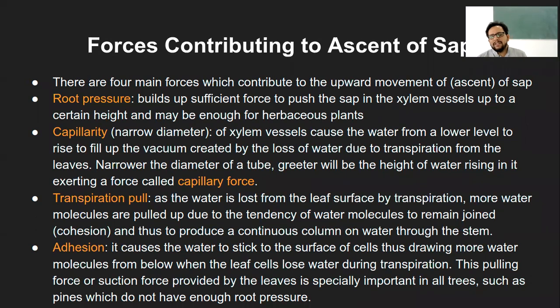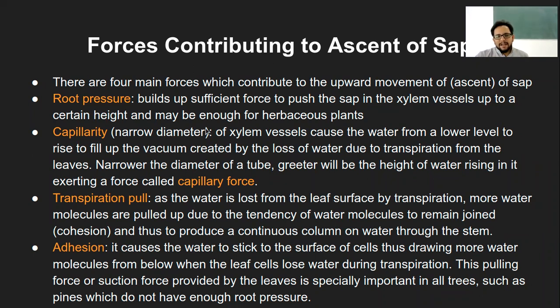For them this might be sufficient, but for bigger trees, you remember, apart from root pressure, there was transpiration pull also, which was responsible. So for herbaceous plants, root pressure is good enough to push the cell sap in the upward direction through the xylem vessels.